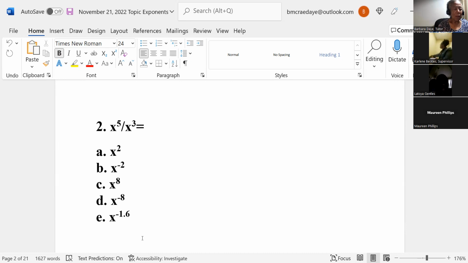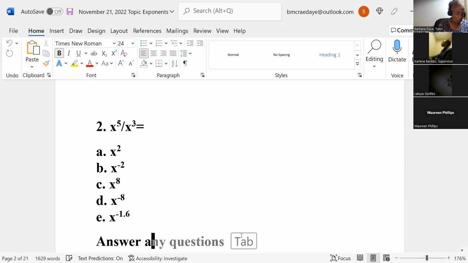Exponent of denominator subtracted from exponent of numerator. What is that equal to? Two. That's right. 5 minus 3 is 2. Answer A. All right, Maureen, you're on a roll. Let's keep going. Very good.